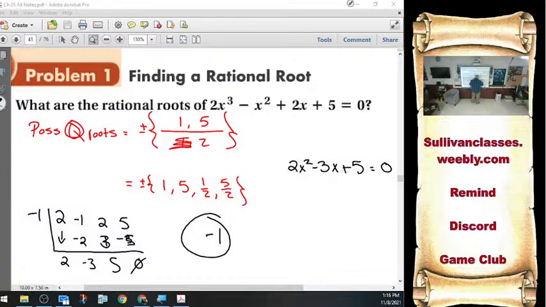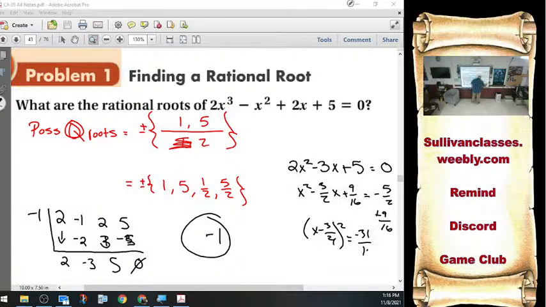Specifically, not only are there no rational roots, there's no more real roots.